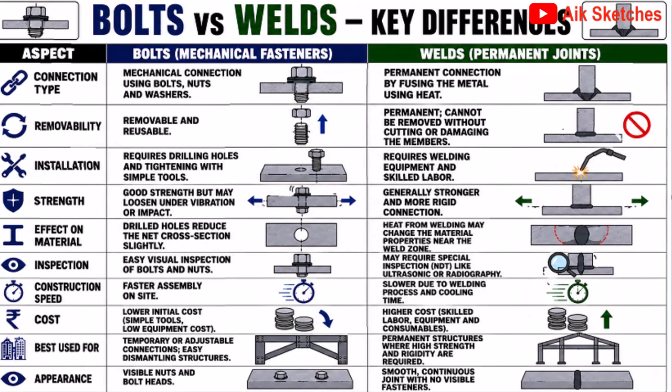While for welding joints, it is a smooth, continuous joint with no visible fasteners. You don't see any bolts and nuts for welded connections. You only see a smooth, continuous joint with no visible fasteners.